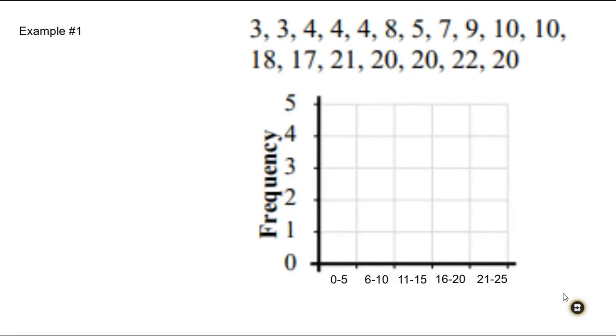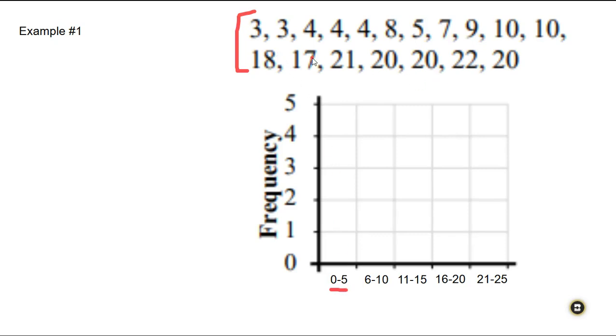All right, so with this, we're going to look at our data set up here. At the bottom of my histogram down here, I see that I have a range of numbers that I'm going to include whenever I'm making my histogram. So our first one is going to be numbers that are 0 to 5. You can include 0. You can include 5.